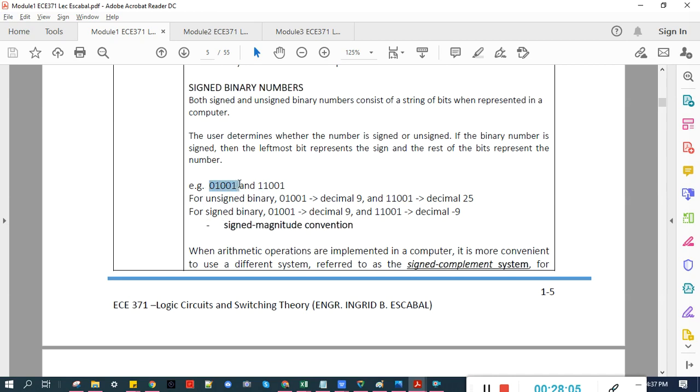If we declare them as signed numbers, the 0 here means that 1001 is a positive binary number, while the one here in 11001 represents a negative sign for the binary number 1001. This is for the signed magnitude convention.